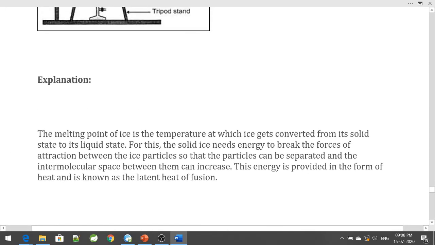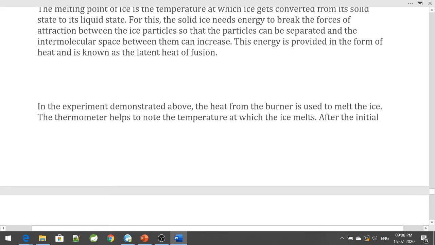The melting point of ice is the temperature at which ice gets converted from its solid state to its liquid state. For this, the solid ice needs energy to break the force of attraction between the ice particles so that the particles can be separated and the intermolecular spaces between them can increase. This energy is provided in the form of heat and is known as the latent heat of fusion.